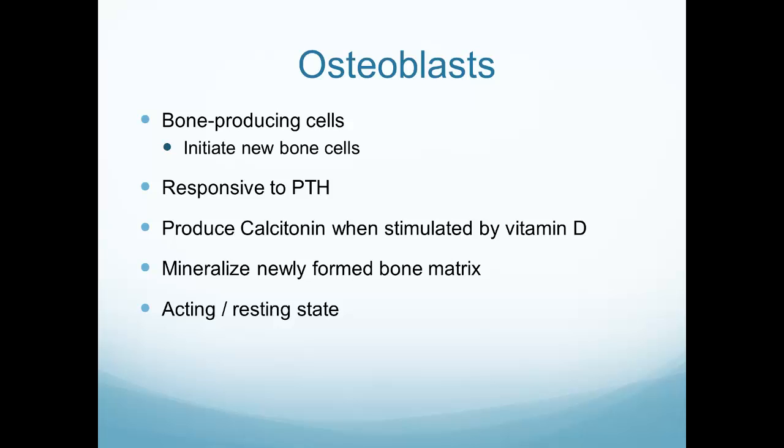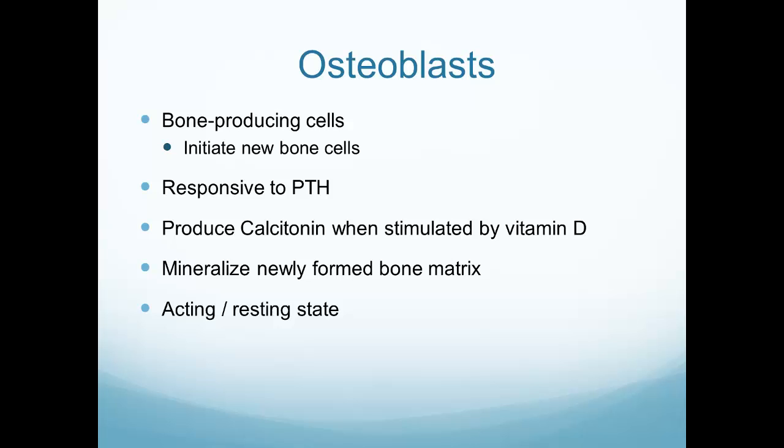Now, as far as the cells that make up the bone, we have the osteoblasts, which are the precursors to our osteocytes, our actual bone cells. So these are the bone-producing cells, the cells that are going to produce bone in the future. They are responsive to parathyroid hormone, so PTH is parathyroid hormone.